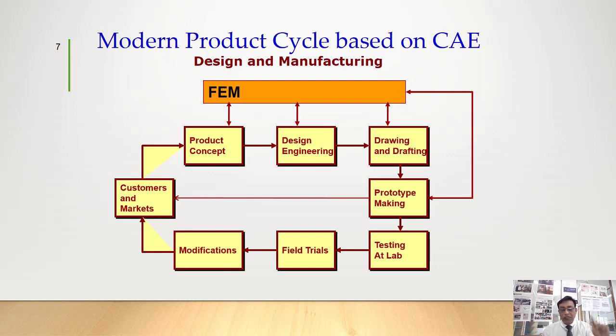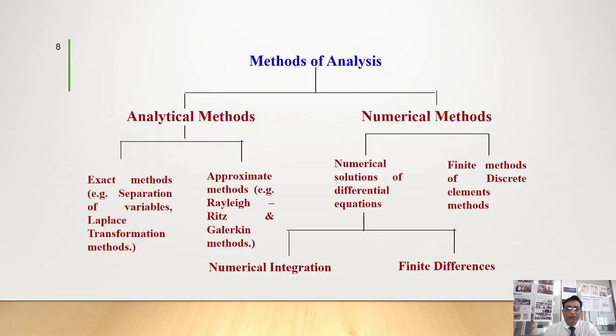So you have to wait for the customer feedback. But here, at the engineering stage, if there are any problems, you can take the feedback and immediately modify the product. So you see the use of FEM here.